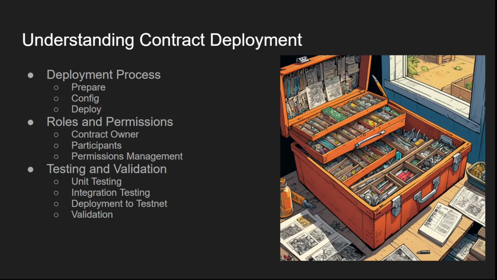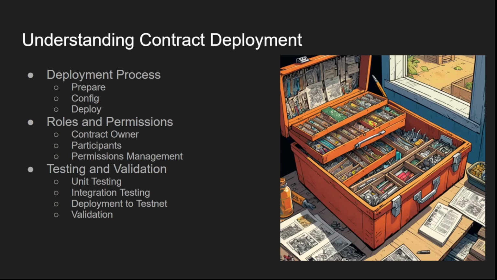In a decentralized environment, managing roles and permissions is crucial for security and proper functioning. When deploying a contract, you need to define who can interact with it and what actions they can perform. You should consider the contract owner.